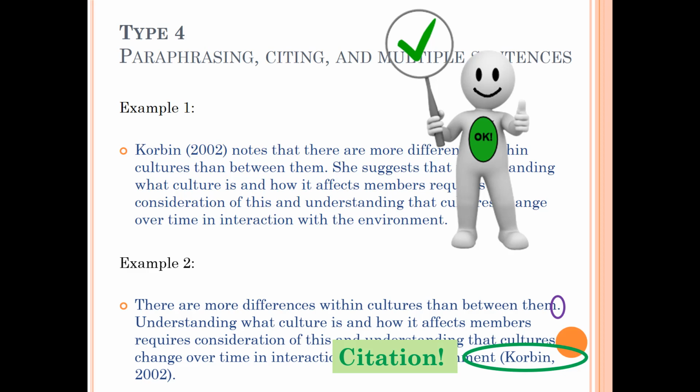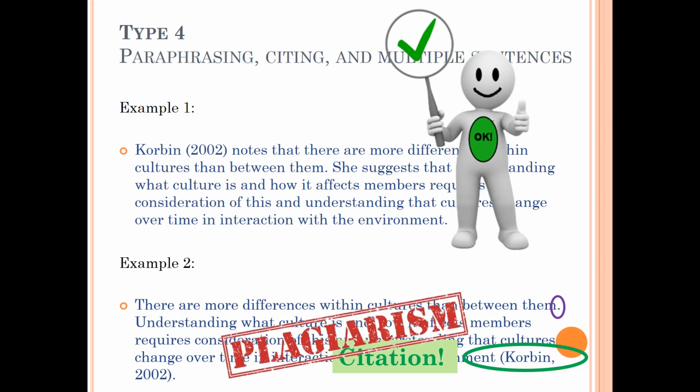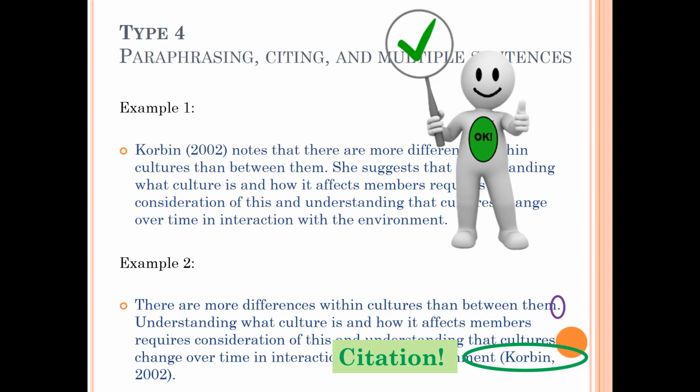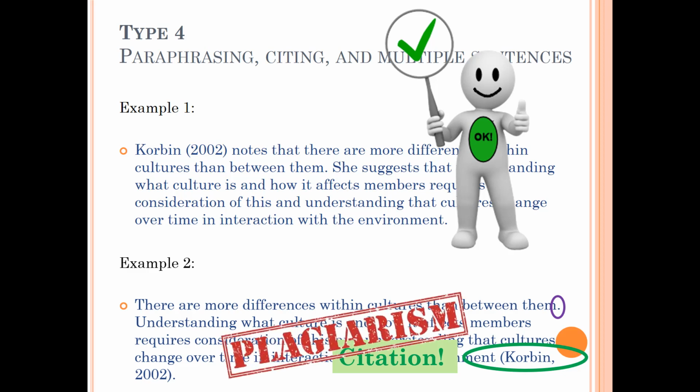But what's going on with that first sentence? Well, plagiarism. Why? Because the way this is written currently, it looks like that first sentence is my idea, and then the rest is Corbin's, when in fact both came from Corbin. Okay, so it is plagiarism.